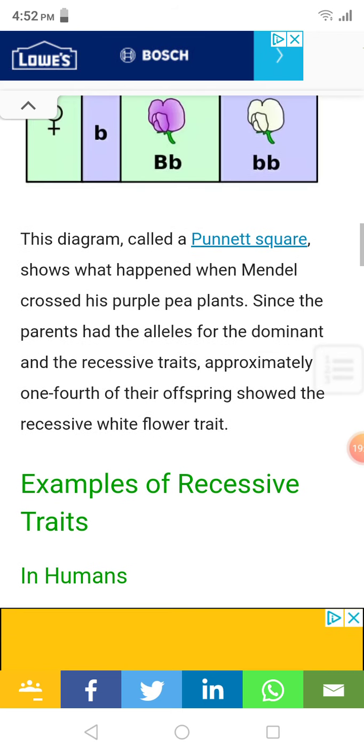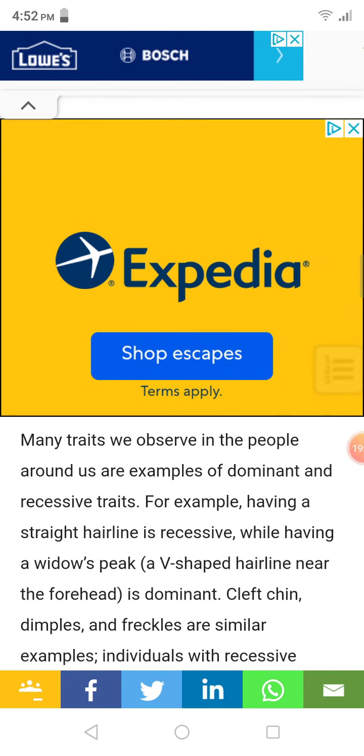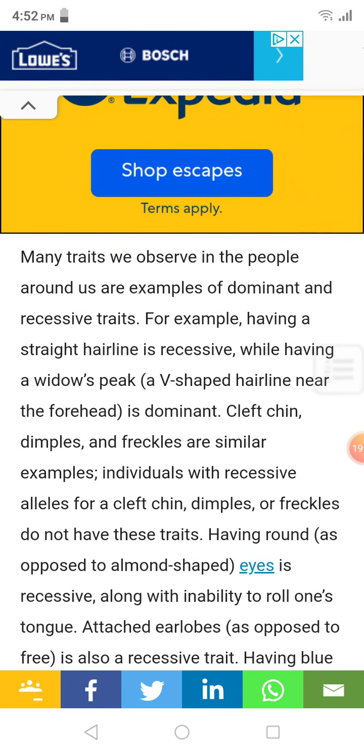So that's why they got into that, because of the skin complexion and the eye color part.